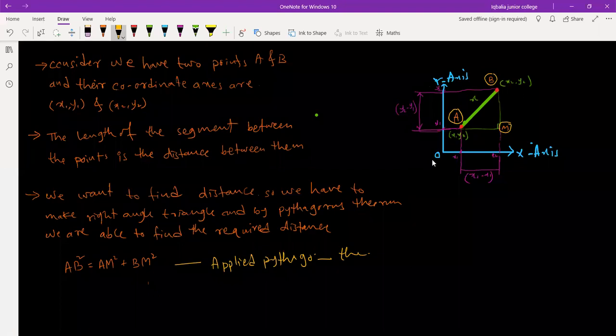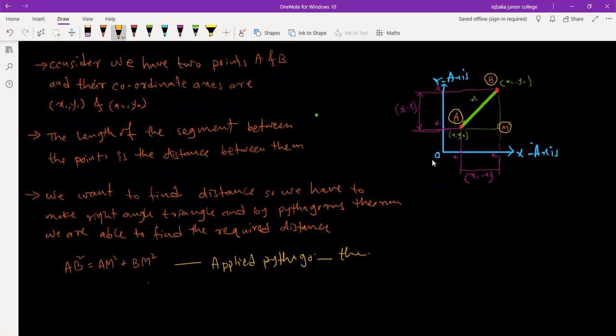You can see here the hypotenuse is AB, the opposite side is BM and the adjacent side is AM. After applying Pythagoras theorem, I get an equation. Now AB is equal to x, so x square.